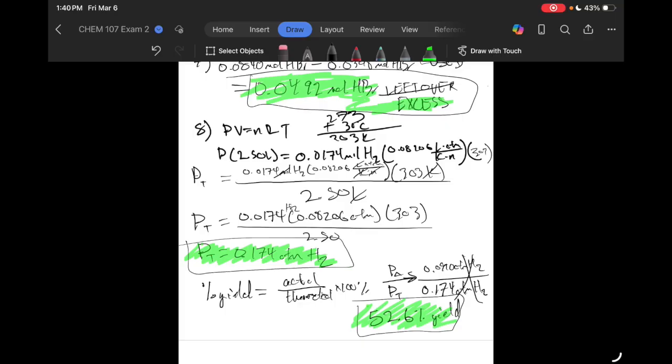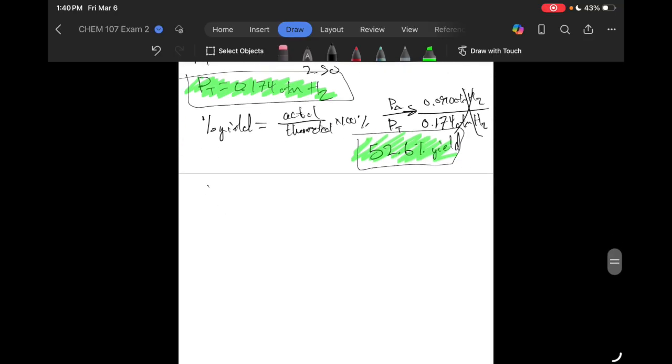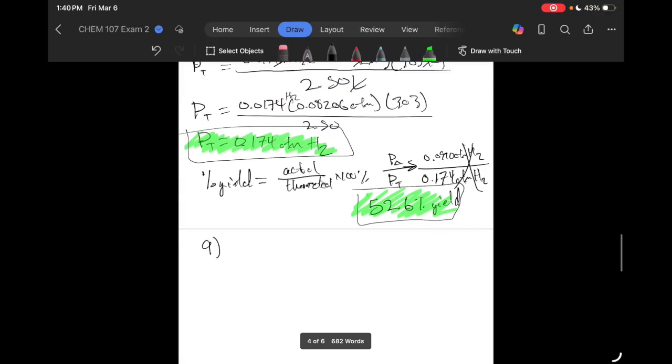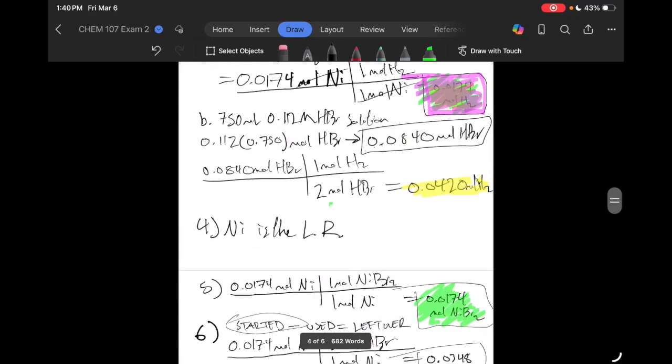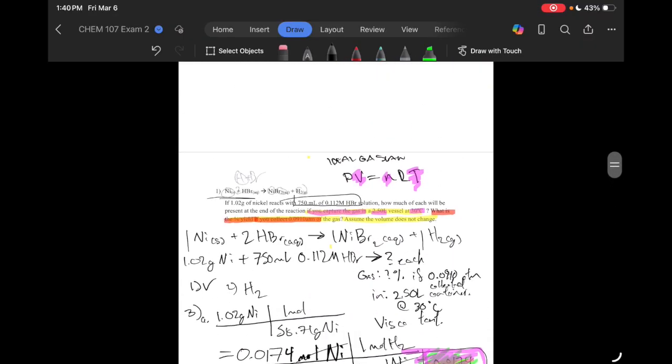Okay, that's step 8. So step 9, we just put this all together. For step 9, there's 5 things that we put down. One was obviously the amount of all of the things left over.